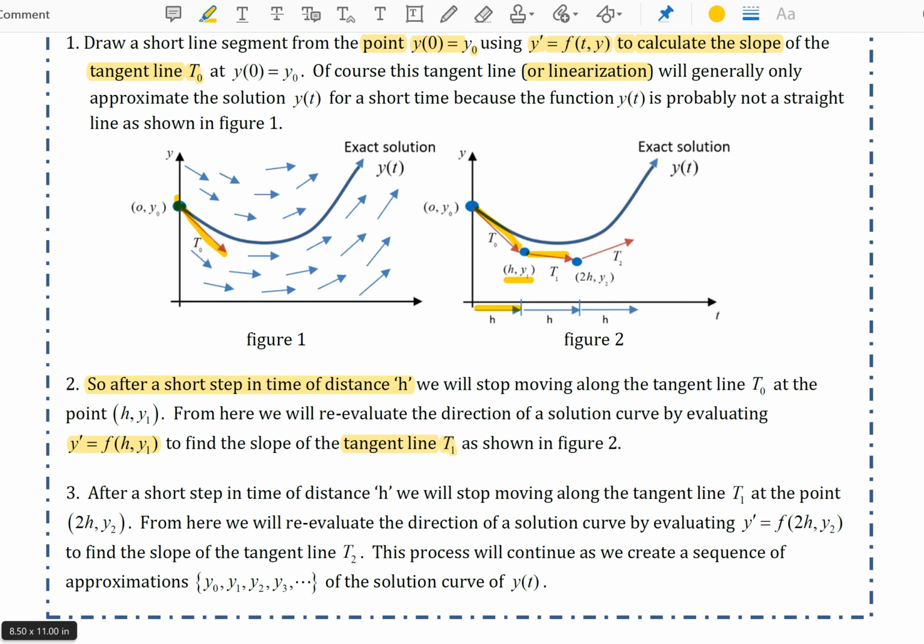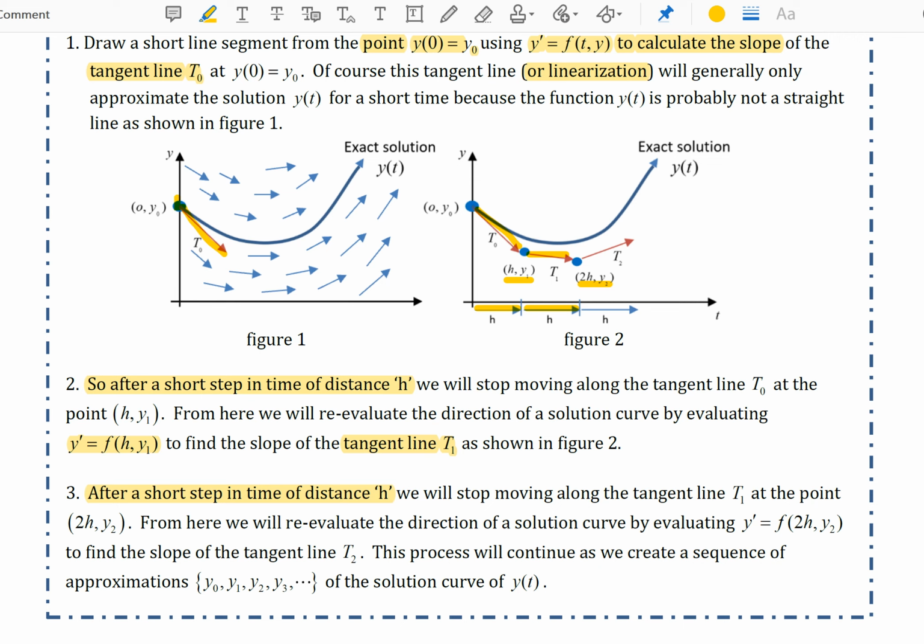After a short step in time of distance h, which is here, we will stop moving along the tangent line t1 at the point (2h, y2), because we are now 2 step sizes over, so our t value is now 2h.